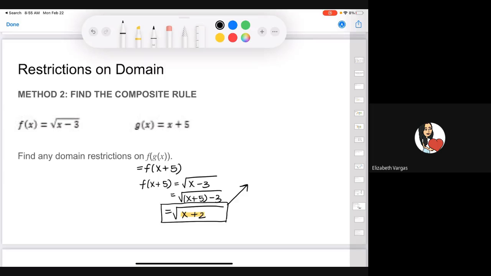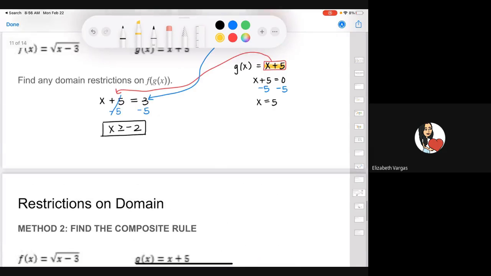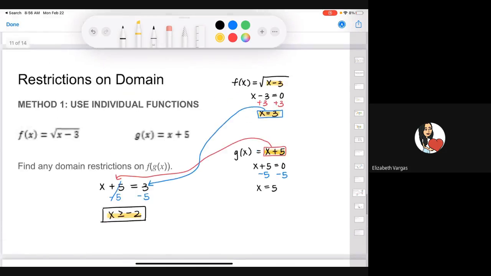So minus 2, x is equal to -2. So as you can see, we get the same thing, and then we'll just input greater than or equal to. And so as you can see, you get the same domain restriction.